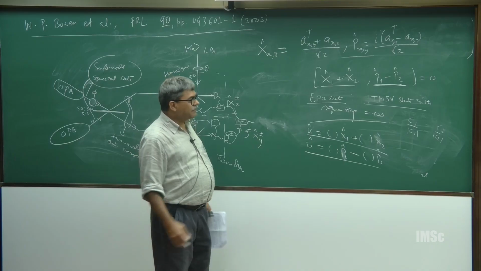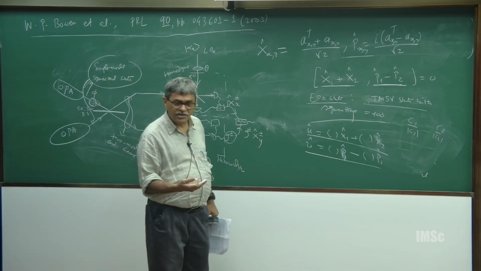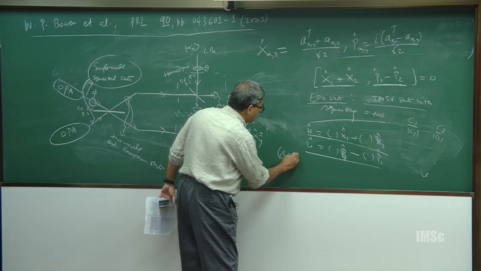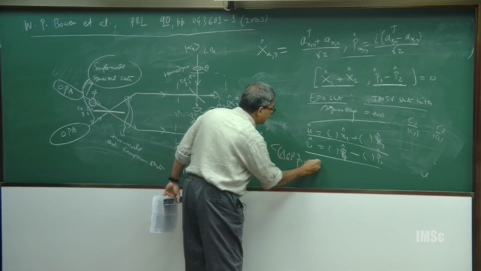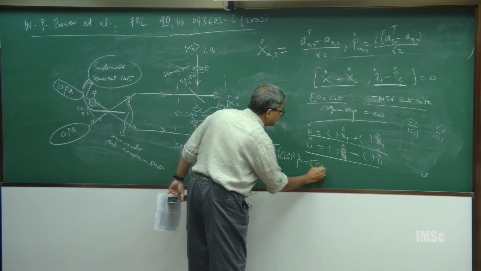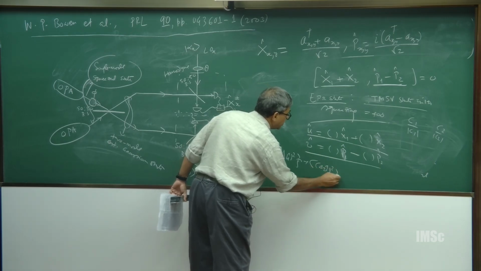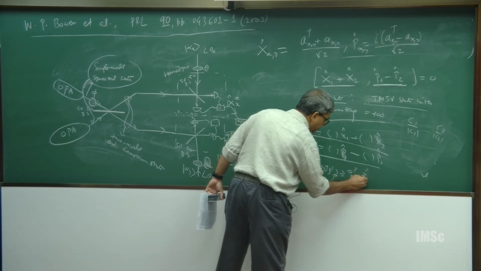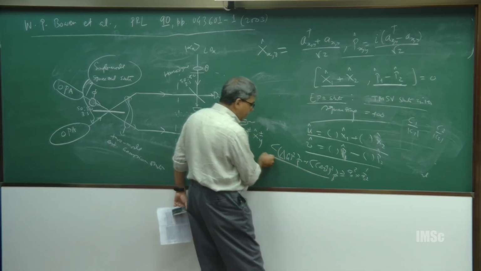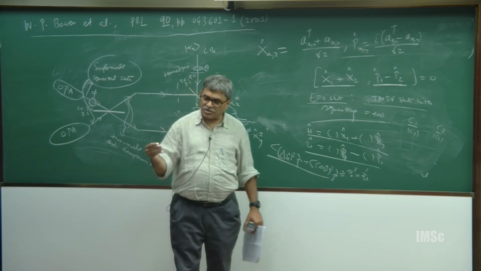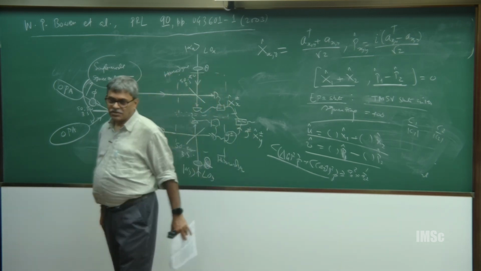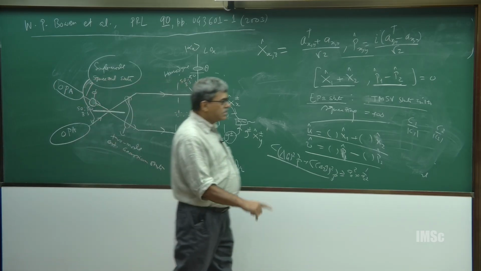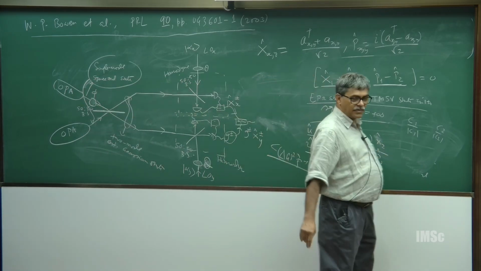If you look at Duan's criteria, they look at this kind of correlation, delta u square plus delta v square greater than or equal to something, I think a0 square plus 1 by a0 square. But that is the sum of uncertainties and the product of uncertainties, they are related, so you can always cast that. The EPR criteria by Reid is in terms of the product of uncertainties.